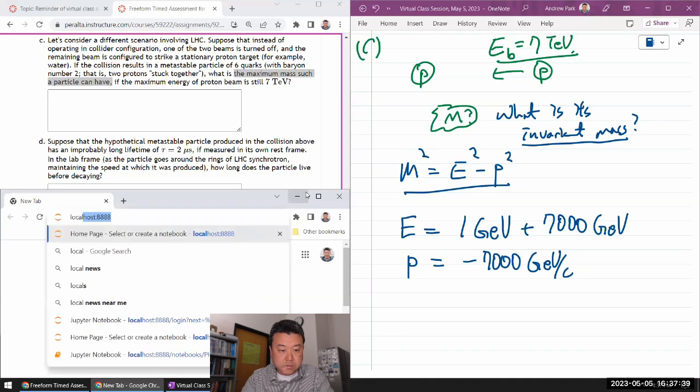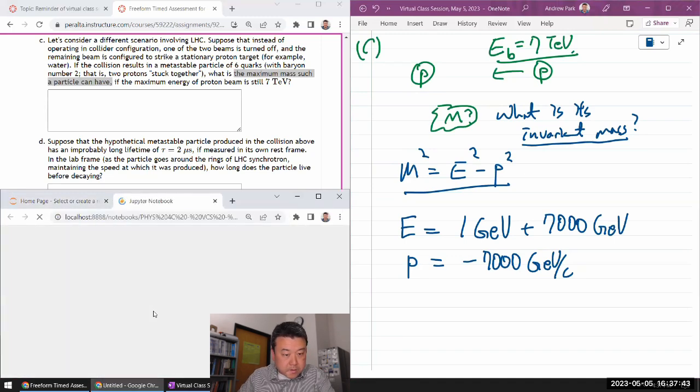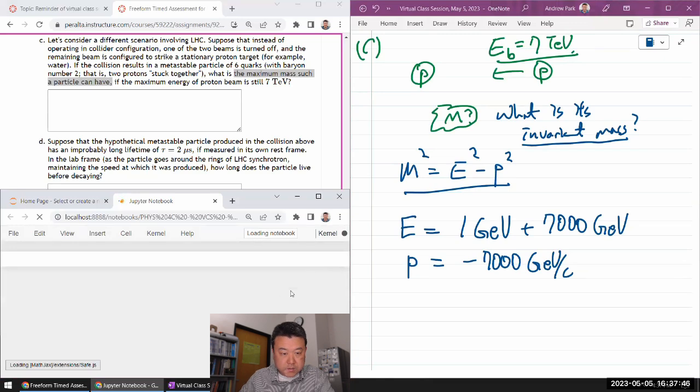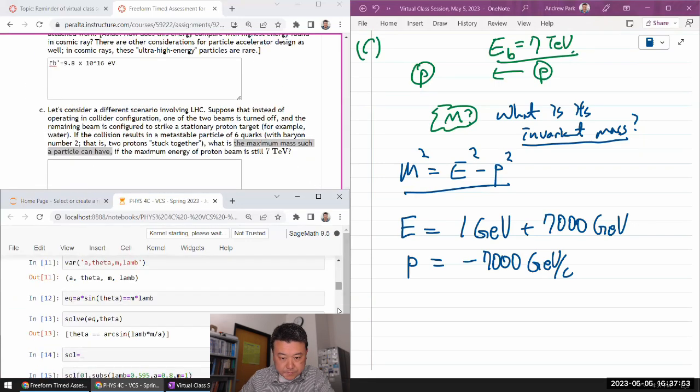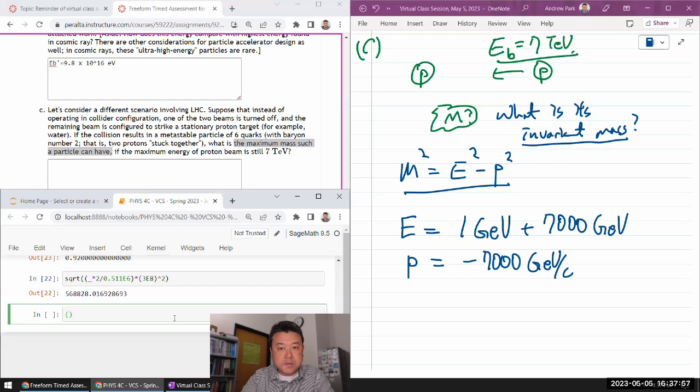Let's see, host calculator. E squared is going to be, time 3 minutes, E squared is going to be 7,001 times 10 to the power of 12 electron volts squared minus 7,000, and there's a minus, but 10 to the power of 12, wait, GeV is giga, that's 9, 9 squared.